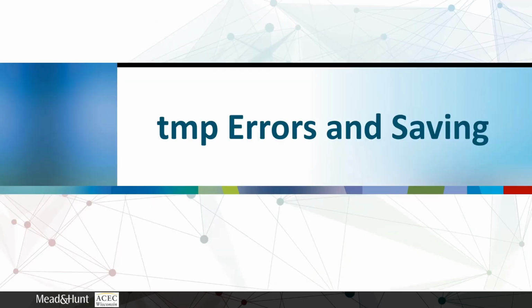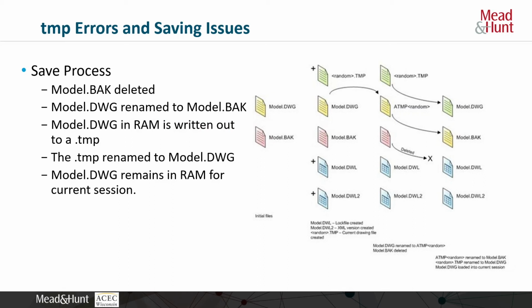Let's talk about temp errors and the whole saving process. Depending on how your network is set up, you may or may not experience temp errors, but I think it's important to understand how the actual saving process works inside of Civil 3D when you save a drawing. So here's the save process. When you use the save command, your .bak file gets deleted.